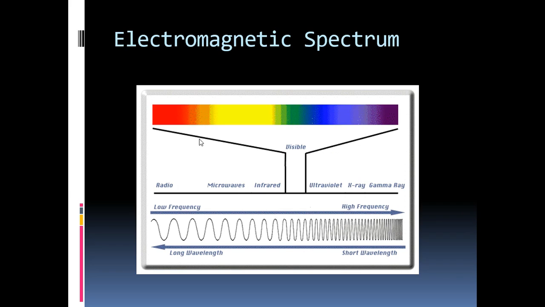Remember when I said earlier that both electron and light microscopes use radiation to observe the specimens. The radiation that is used comes from a range of different wavelengths in the electromagnetic spectrum. And as you can see, in theory there is no limit on how short or how long a wavelength can be.